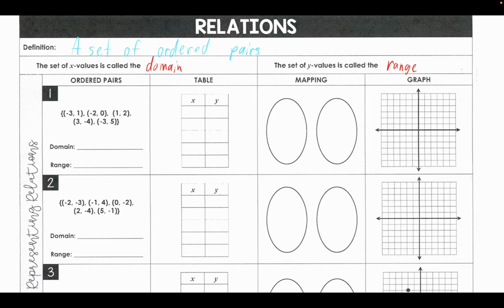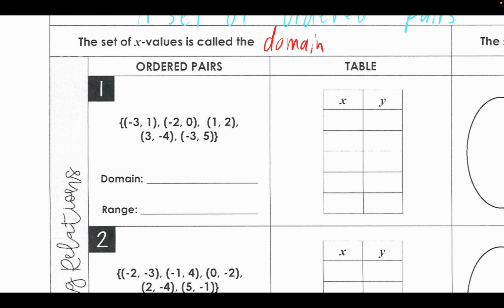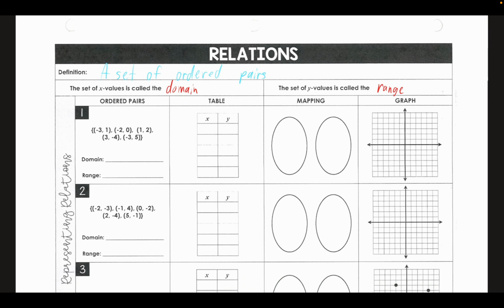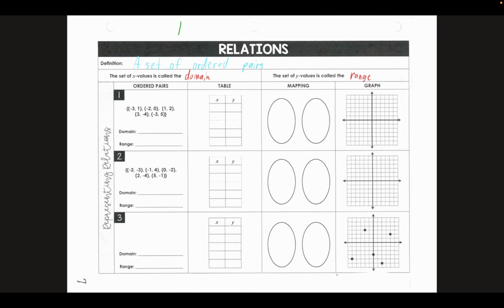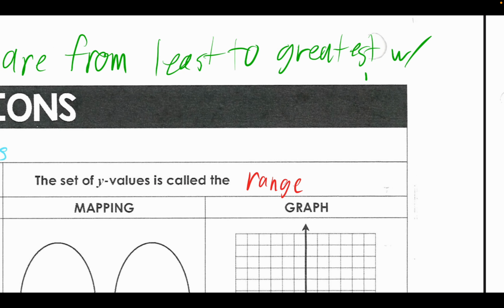Okay. So starting off here with the domain, we said the domain is a list of x values. Now I want us to note here that for both the domain and range, this is important to add in, that they are listed, I'll write up above here, domain and range are from least to greatest, with no repeating.